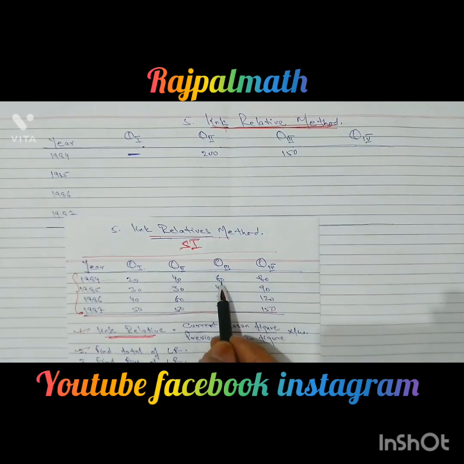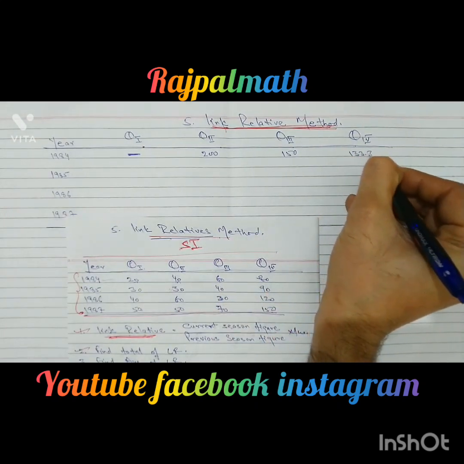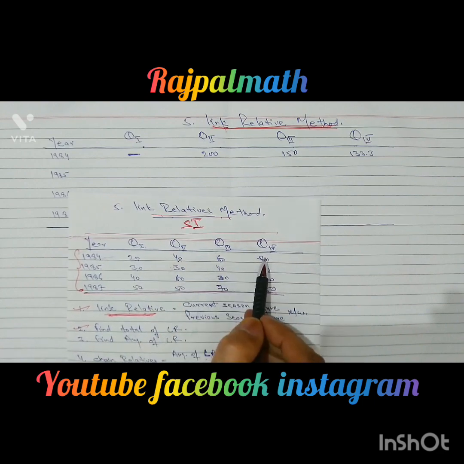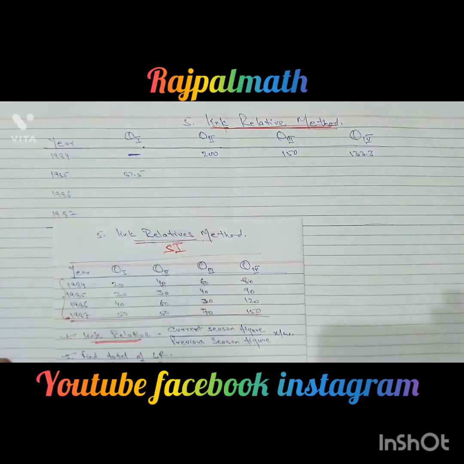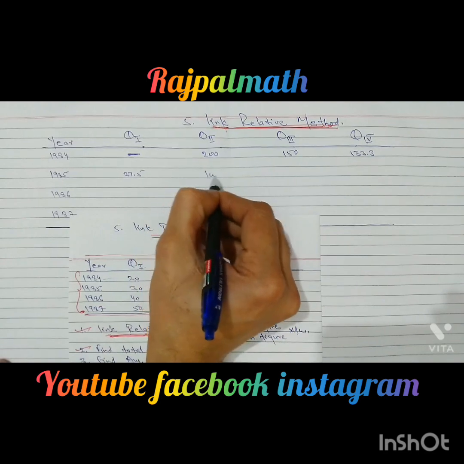Then 80 divided by 60 into 100, 133.3. Then 30, previous season figure is 80. 30 divided by 80 into 100 comes out to be 37.5. Then 30 divided by 30 into 100, 100.